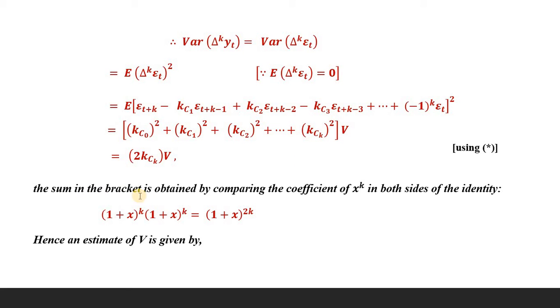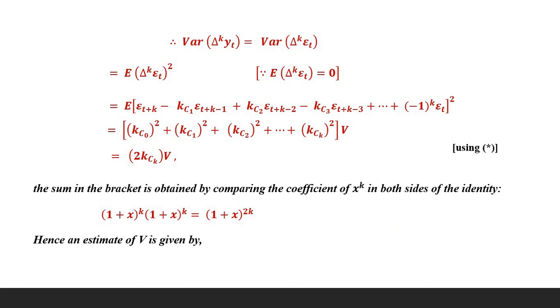So the sum in the bracket is obtained by comparing the coefficient of x to the power k on both sides of the identity, 1 plus x to the power k into 1 plus x to the power k equal to 1 plus x to the power twice k.